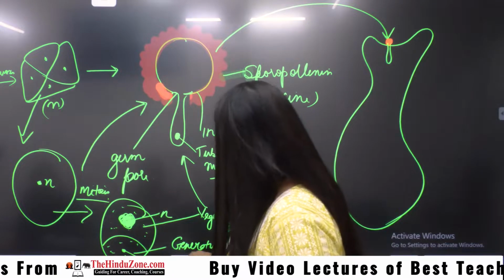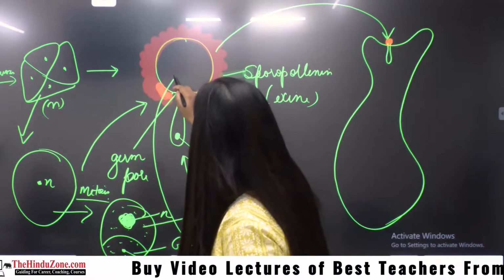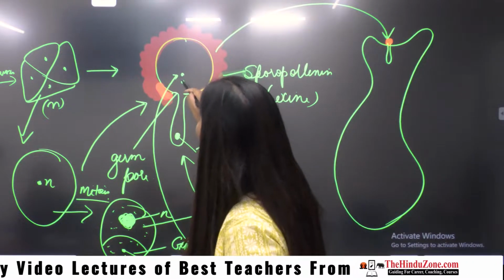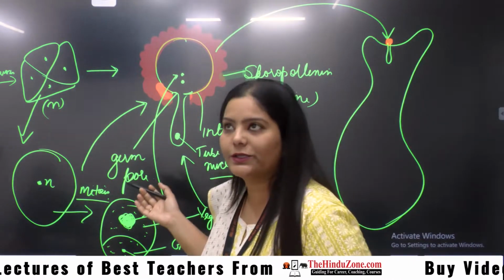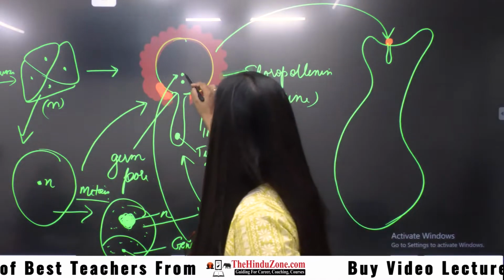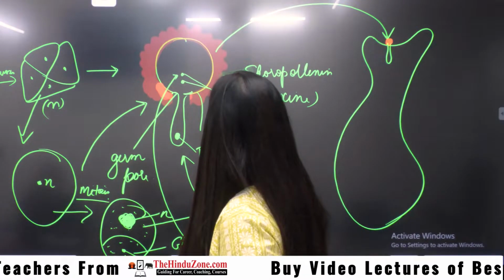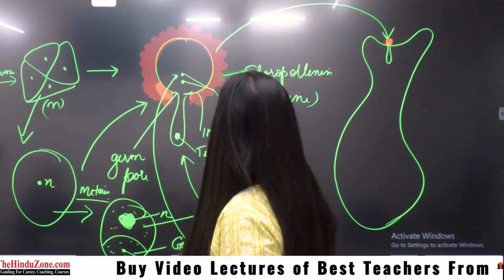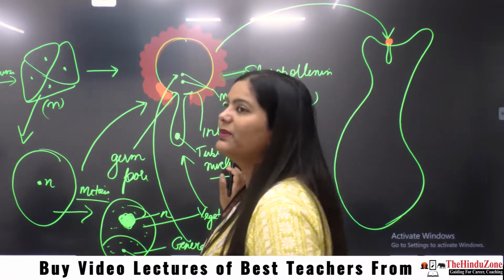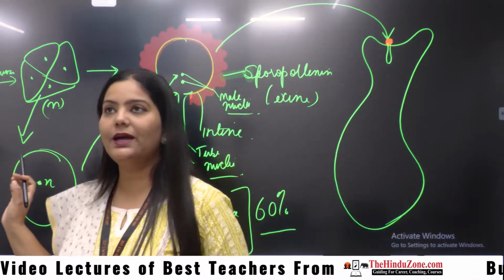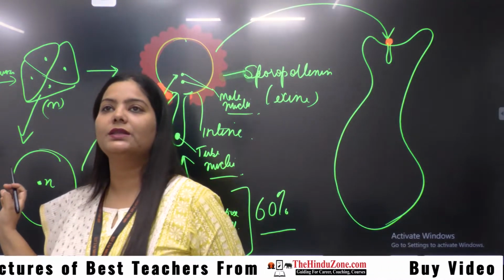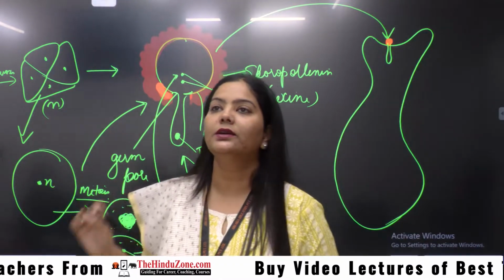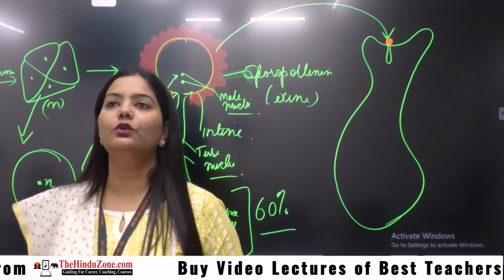And the generative cell you see here divides again into 2 nuclei by mitosis, and these 2 nuclei will be called male nuclei, or they are the exact male gametes. Okay? I hope till here it is clear to everyone. Yes. Anyone having any doubt?